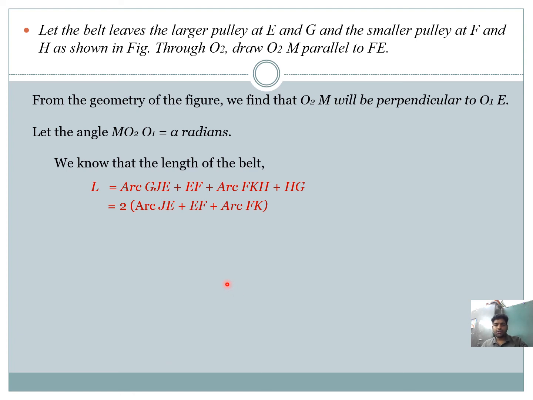As both parts are the same, I put 2 arc JE plus 2 EF plus 2 arc FK. So I take 2 common and put arc JE plus EF plus arc FK in the bracket.